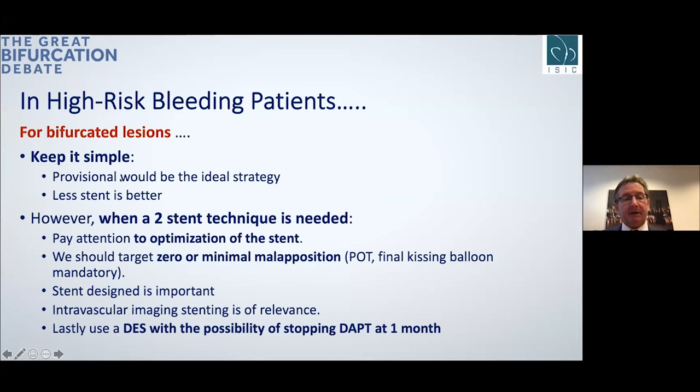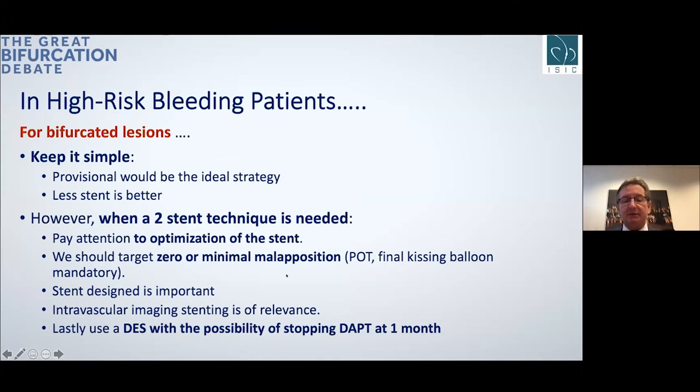So in general, in high-risk bleeding patients, especially for bifurcation lesions, keep it simple. If possible, try to avoid double stenting. Provisional stenting is definitely the best option. However, if you have to manage a very complex and difficult anatomy, pay attention to the choice of the stent, because optimal stent optimization is really the most important point.